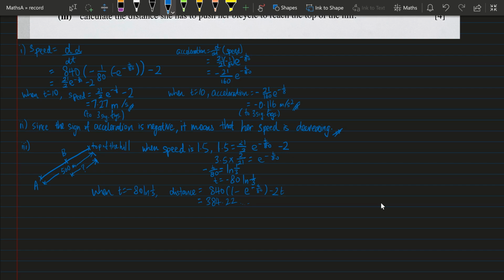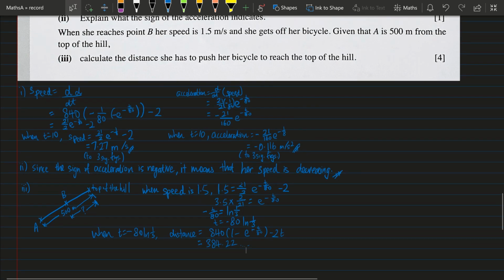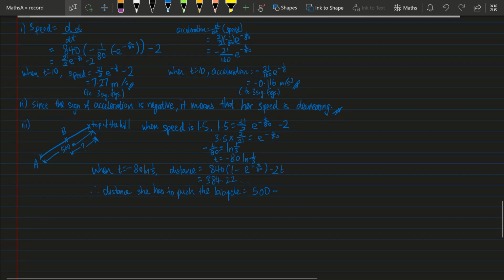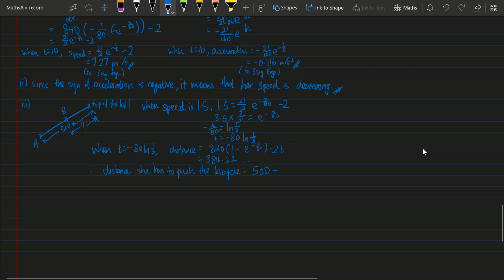I'm not going to care so much about how many decimal places there are, because the final thing that the question wants is the distance she has to push her bicycle to reach the top of the hill. So in my final statement, always remember your statement, guys. Therefore, the distance she has to push the bicycle will be 500 subtract 384.22.